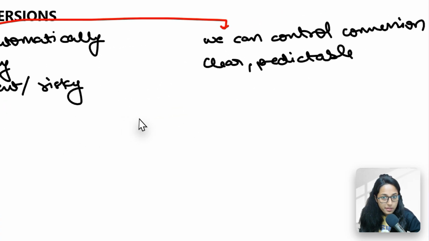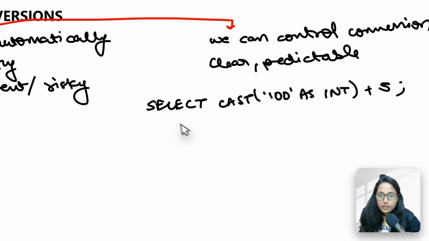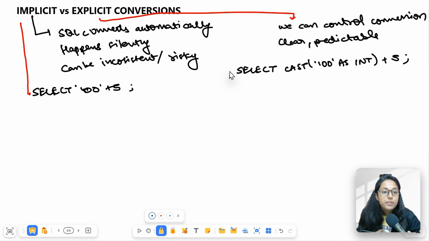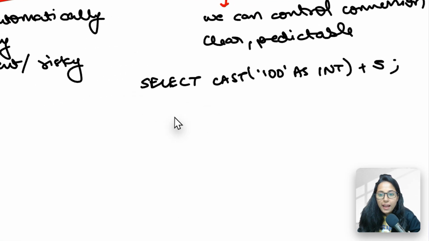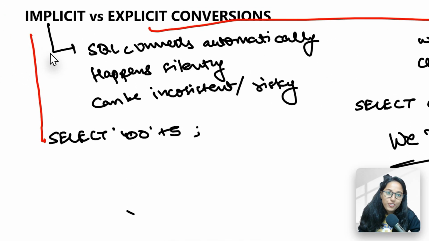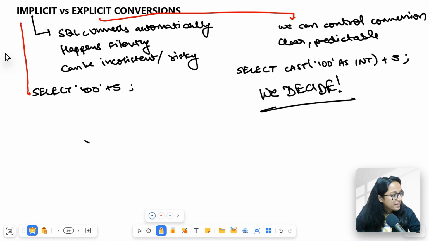So in the same example, we saw select, and then for the 100, we added cast, and then we added 5. So what we want to get converted, we will specify that. So implicit happens by SQL automatically, and for explicit, it is in our control, and we decide. It is in the hands of SQL for the implicit, right?